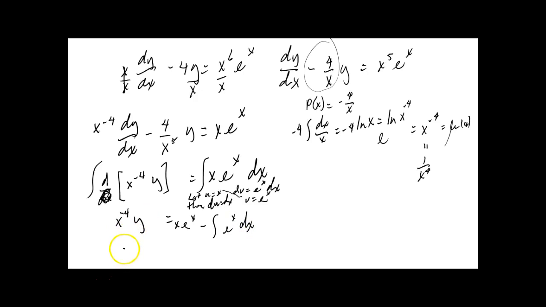So this is, let me write it over here, x to the minus 4y is equal to x e to the x, and what's the integral of e to the x dx? E to the x. You're good, okay? Now, here is where you put your plus c, okay? Now, what do you do from here?